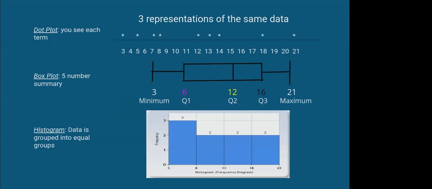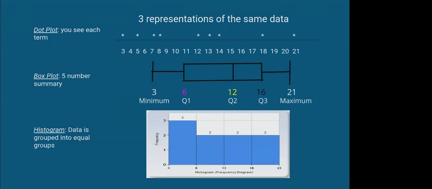So now, our review. On Tuesday, we had a different set of data than the data we're going to use today. We represented that data in 3 ways. We represented it in a dot plot.